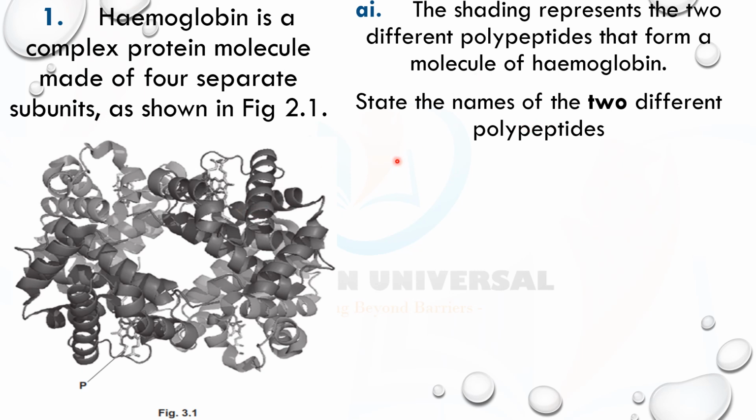Don't forget, one is alpha globin. I can spell it: A-L-P-H-A, alpha globin or polypeptide. Or you can write the symbol like this, alpha globin.